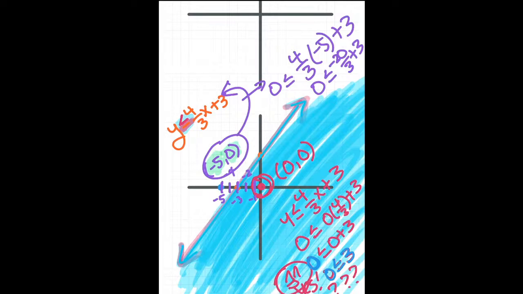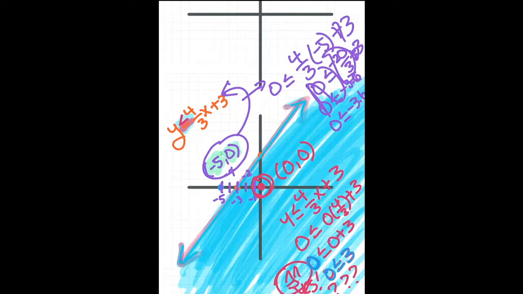When we put that in a calculator, we get 0 is less than or equal to -3.6 repeated. Is 0 less than or equal to -3.6?